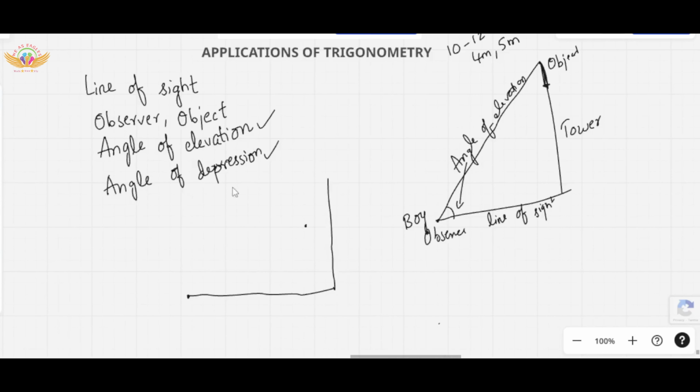There is another boy standing on the top of the building, and this boy is watching the other boy from here to here.